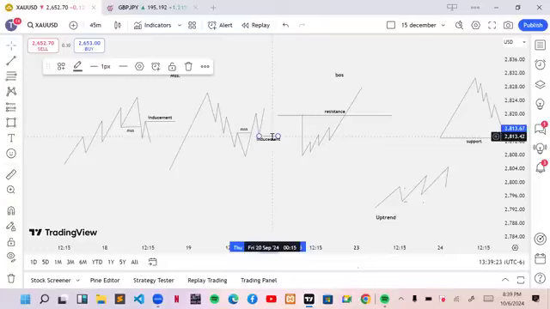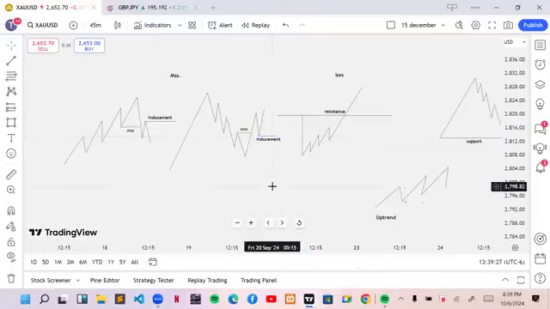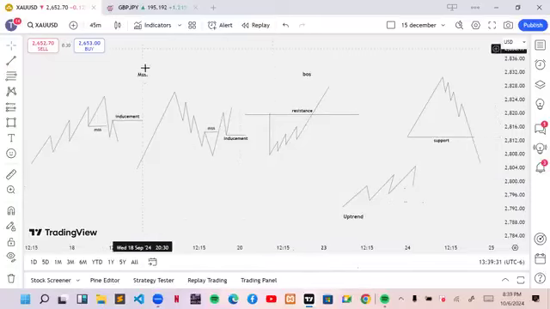So it said the inducement is the first valid pullback that market makes after a break of structure or a market structure shift. This was when market broke structure to the downside. This is the first pullback it makes before continuing that move.